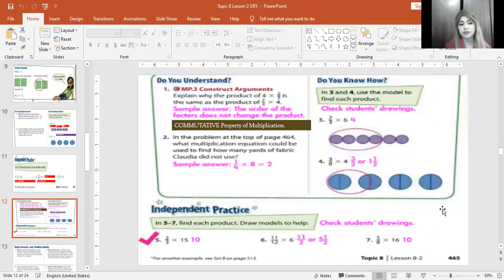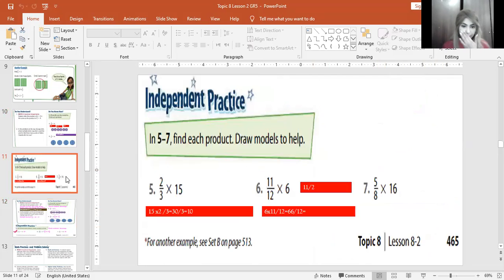Grade 5A, grade 5B, I want all of you to study math well and solve your work. Send it to me on Classera. Any questions, send it to me. So number 5, 2/3 of 15, of course, by the same way, 11 out of 12 multiply 6, 5 out of 8 multiply 16.